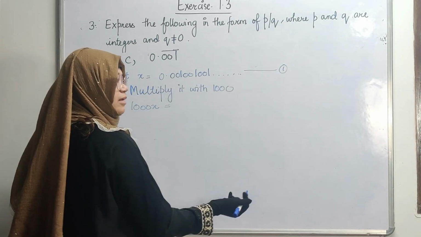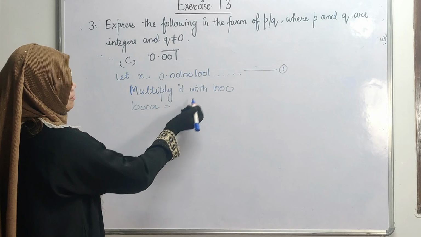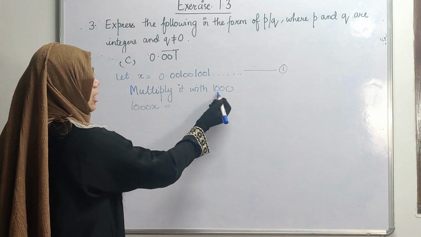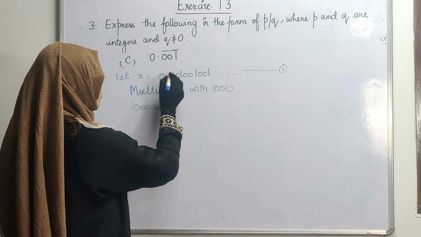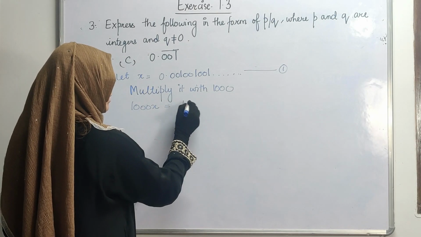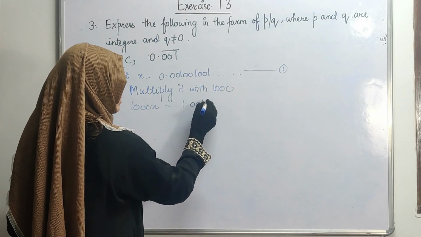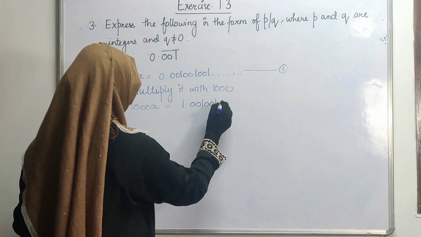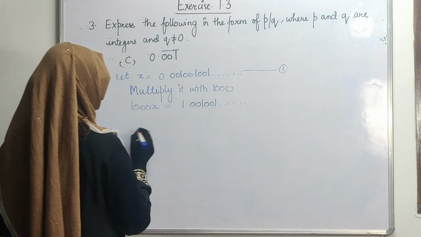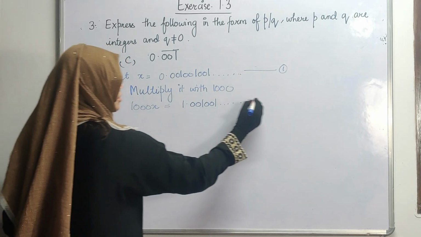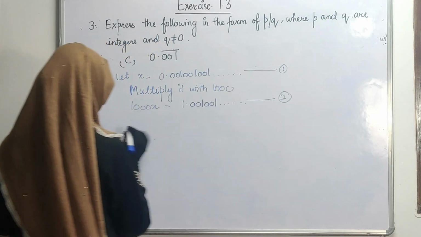If we are multiplying numbers, we will simply shift how many digits? 3 digits. 1, 2, 3. It will become 1.001, 001 and so on. This is equation number 2.